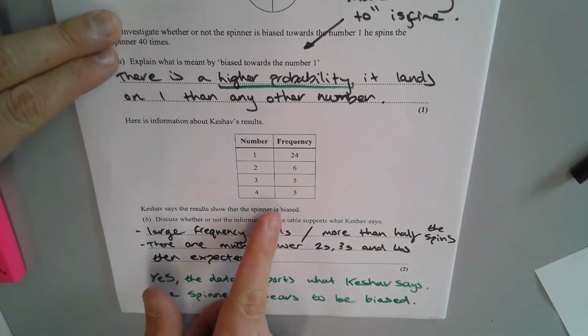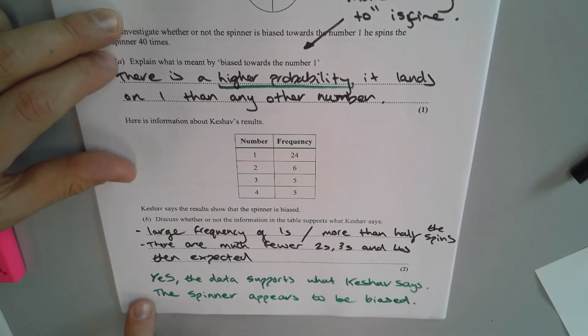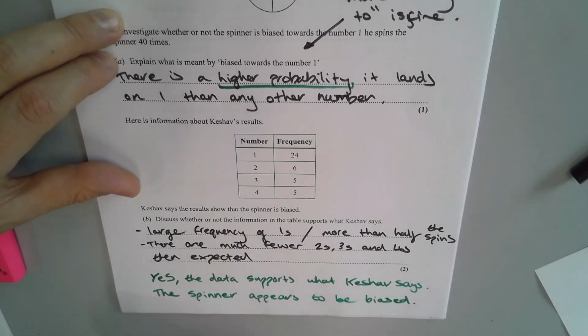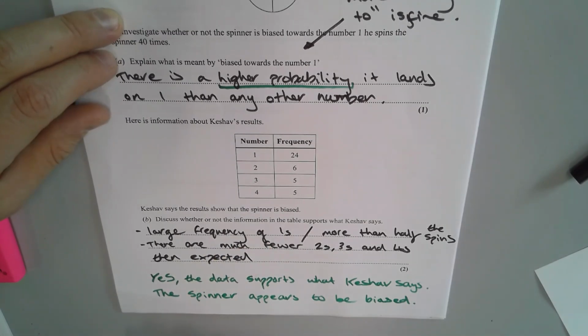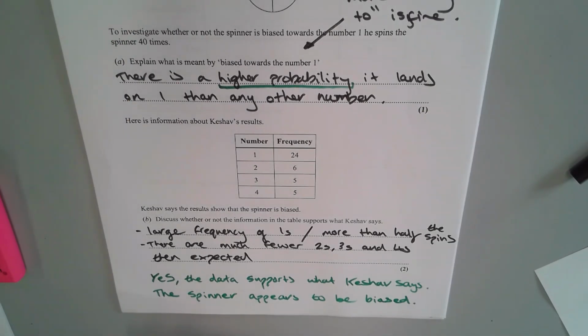We've then got some data which is collected from the spinner. Discuss whether or not the information in the table supports what Keshav says. So in order to get 2 marks here, you need to say that the data does support what they say.